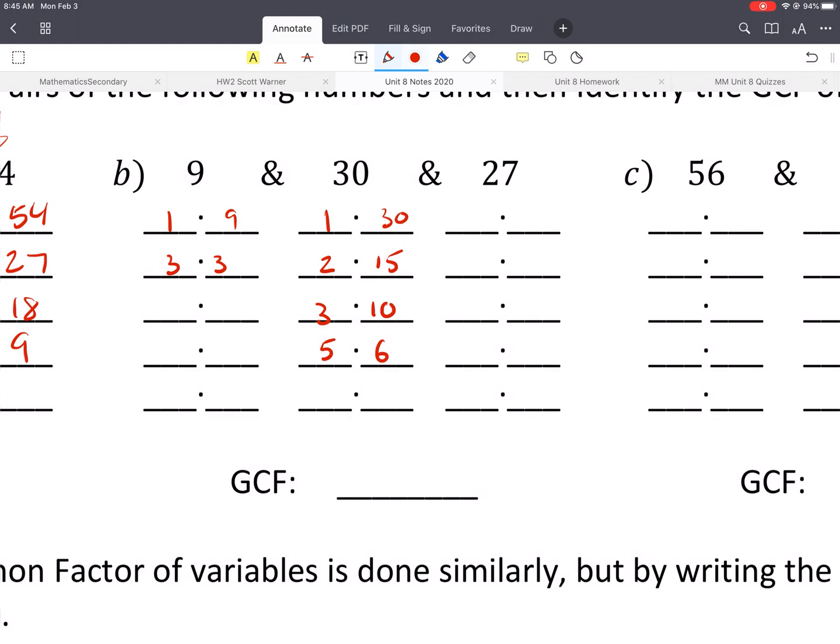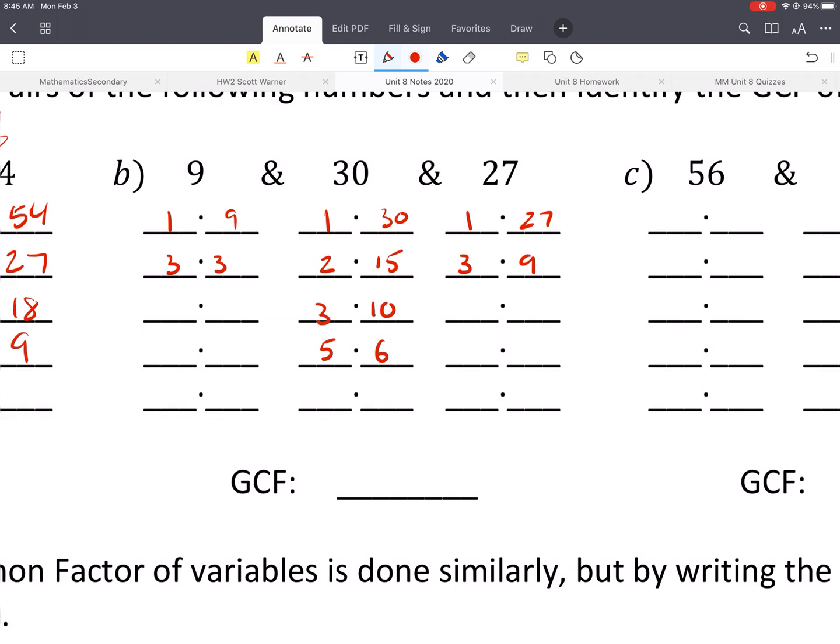Okay, 27, 1 and 27, 2 doesn't go in, 3 goes in 9 times, 4 doesn't go in, 5, 6, 7 doesn't go in, 8 doesn't go in, okay? So there we found all of our factors for 27.